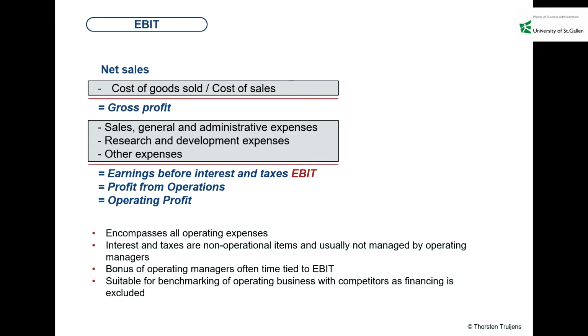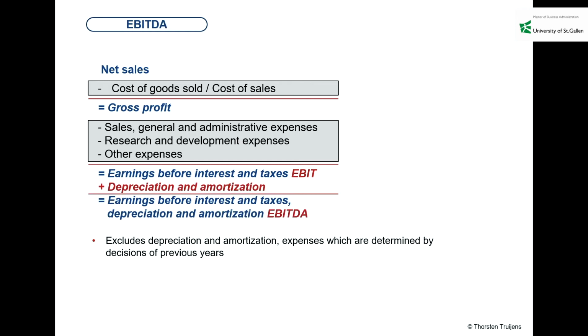Now, this is the reason as well, as we leave out the financing structure and the taxes, that strategy consultants like this figure a lot, because it allows us to compare different companies in the same industry and find out who's doing well in this given industry.